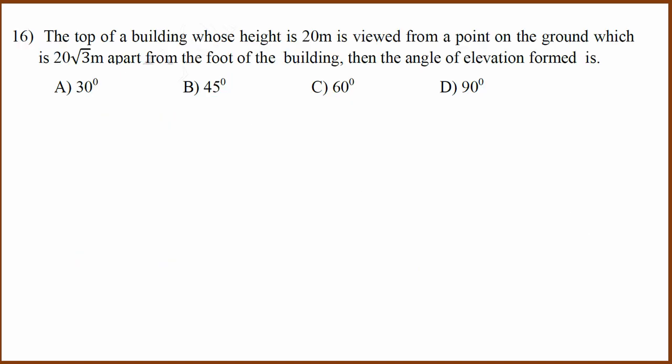This is application of trigonometry question. The top of the building whose height is 20 meter. One building is there, height 20 meter. It's viewed from a point on the ground which is 20 root 3 apart. So a point on the ground is 20 root 3 meter distant from the foot of the building. Angle of elevation?